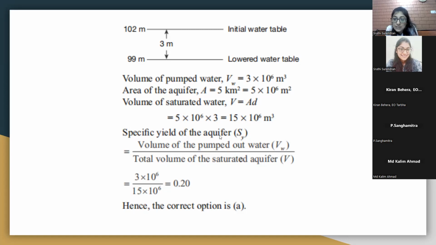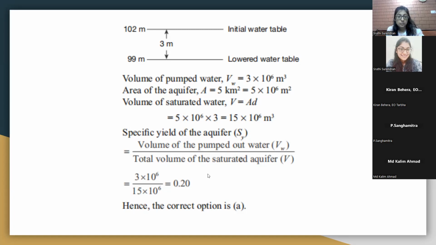Now, how do you calculate the specific yield of the aquifer? Specific yield is the volume of the water under influence of gravity for 1 unit volume, SY. Then the volume of the pumped water to the total volume of the saturated water, through the method of triangle, will give us the specific yield of the aquifer.